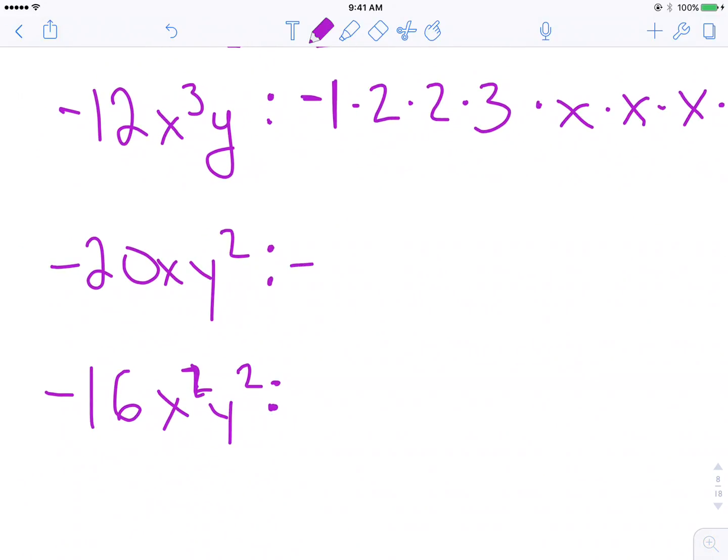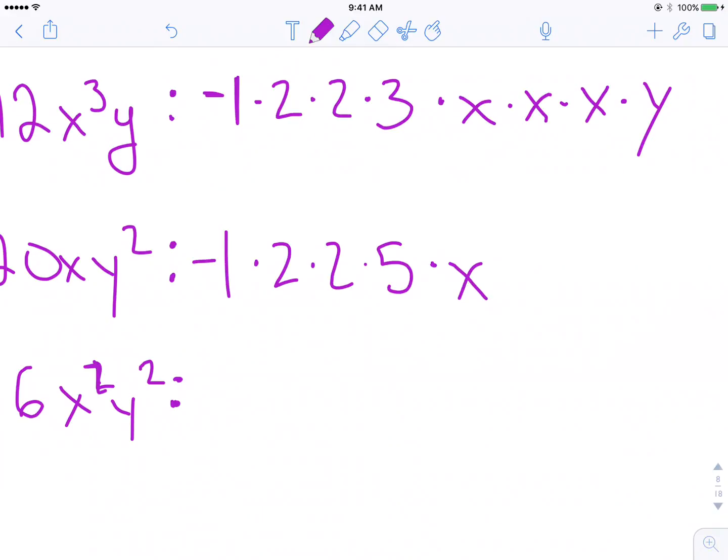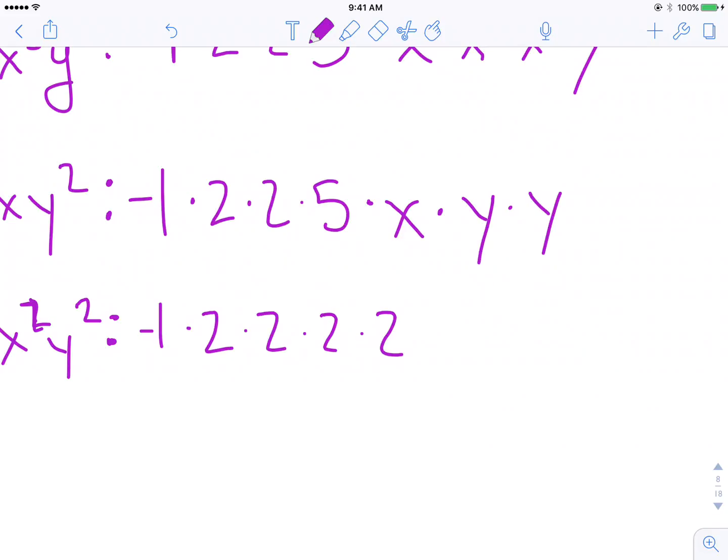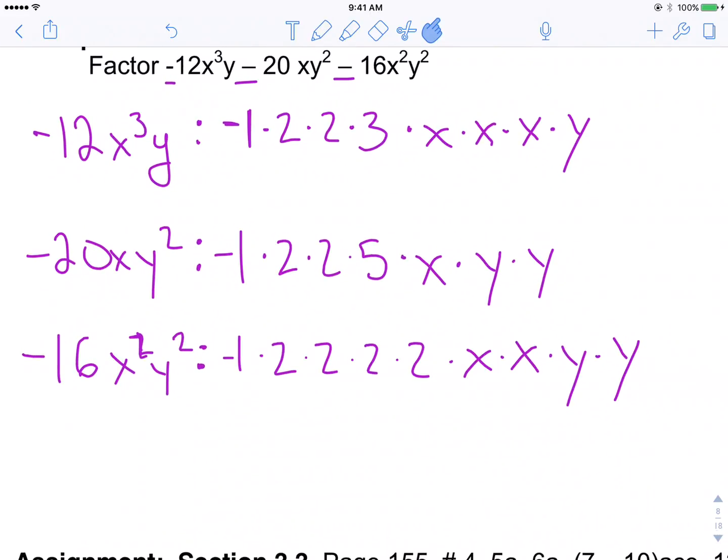Negative 20 is negative 1 times 2 times 2 times 5 times x times y times y. And negative 16 is negative 1 times 2 times 2 times 2 times 2 times x times x times y times y. So there are my factors, prime factorization for each of those three terms.